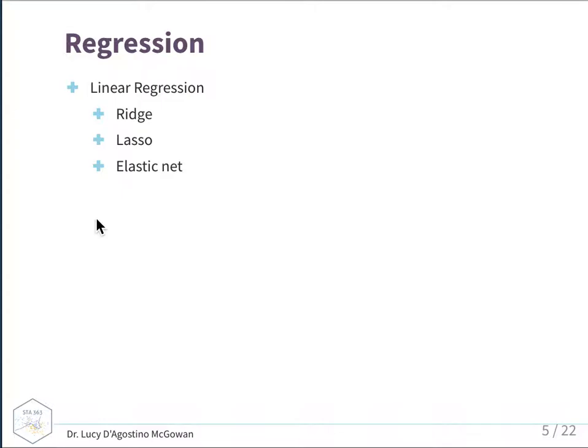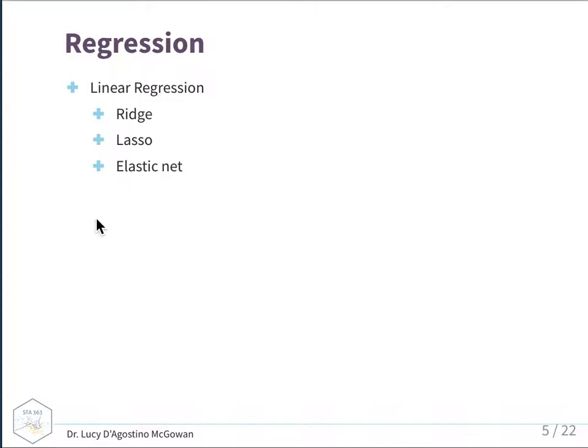You can even have more variables than observations in the ridge or elastic net case. And with lasso, you can actually do variable selection because it's going to pull some of those variables to 0. Same with elastic net, since it uses a hybrid between ridge and lasso, some of those variables will get pulled to exactly 0 too, which can be really helpful for variable selection.